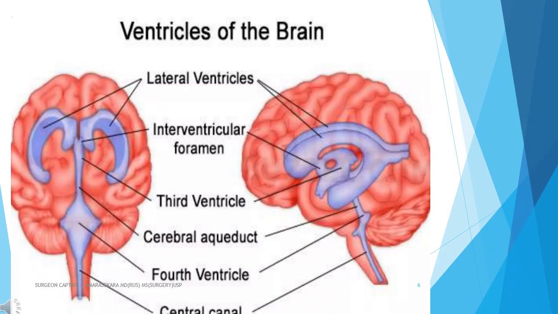From there, it flows through the interventricular foramen or foramen of Monro into the third ventricle, which lies between the thalamus and hypothalamus.